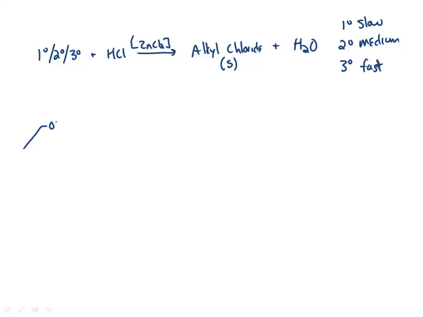So let's just take a look at it. For simplicity's sake, we'll just draw a primary alcohol to start with, plus HCl. Now, I said that this is kind of like a dehydration reaction, right? So what should you look for in a dehydration? Where's the water?